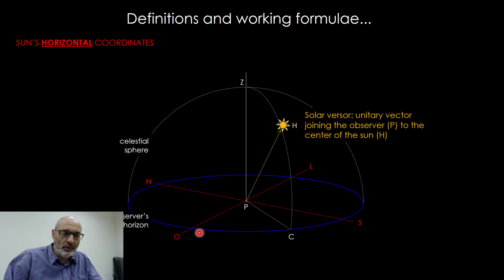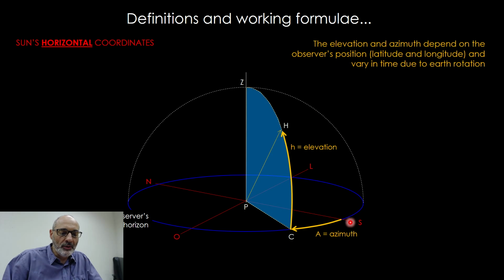For the coordinates of the sun we're going to do exactly the same: we measure on the horizon, which plays the role of the equator. We have an angle on the horizon, which we call azimuth, and an angle on the sun's meridian, which we call elevation.